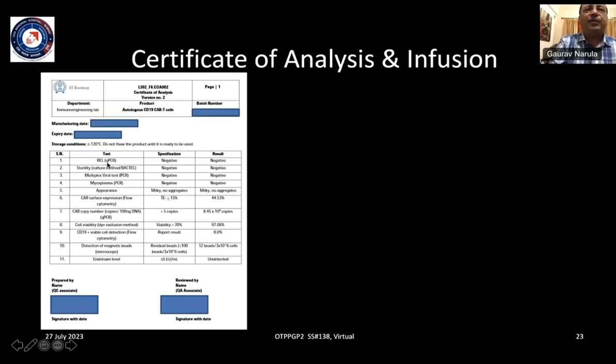RCL stands for replication competent lentivirus. We have used a lentiviral vector, which is a type of retrovirus. So RCL asks: are there any viral particles which are capable of replicating? You test this by a PCR test and you find that it is negative. Sterility has been tested by microbiology, so it's negative.